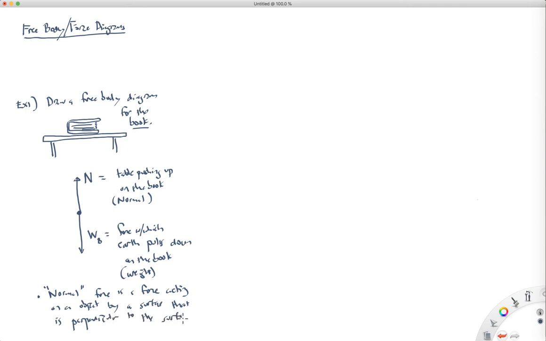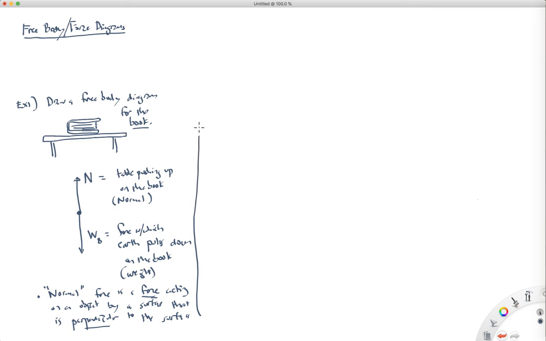So the force is perpendicular to the surface. We're going to distinguish later on between a normal force and a friction force. A friction force is another kind of force that a surface exerts on something else, but that friction force is going to be tangential to the surface. The normal force is perpendicular to the surface. Okay?